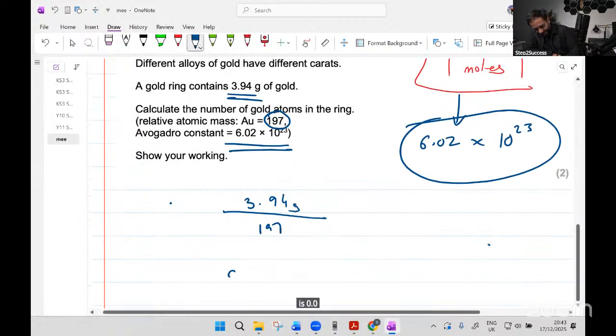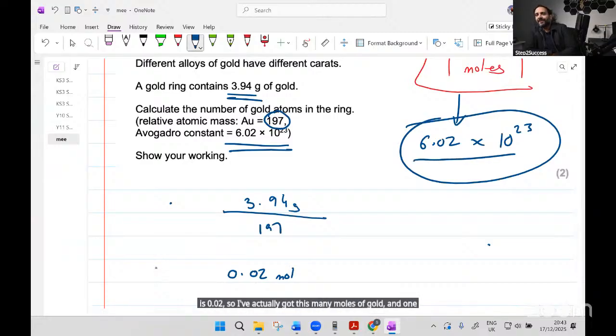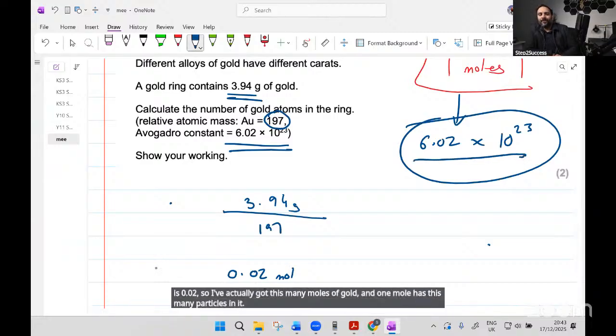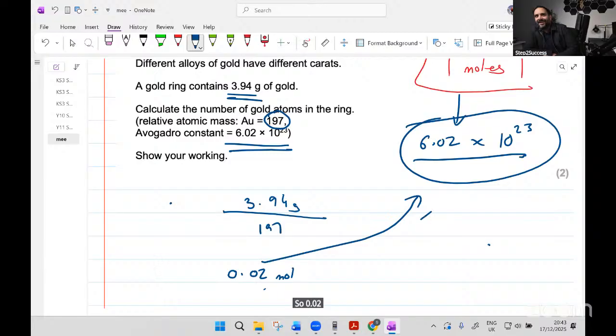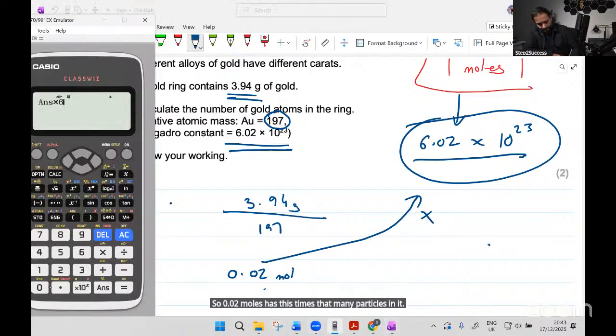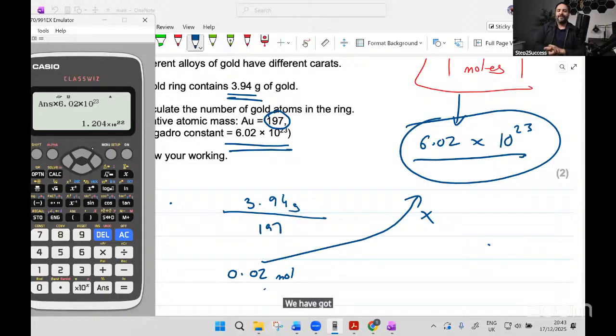So I've actually got this many moles of gold, and 1 mole has this many particles in it. So 0.02 moles has this times that many particles in it. Which is that number. Big number again, but that's how many we have got. 1.204 times 10 to the 22. That is the number of particles. Right. I'm going to find one more question if I can.